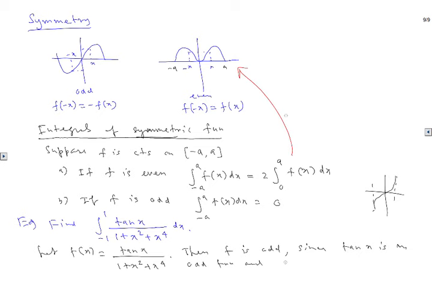And 1 plus x squared plus x to the fourth is even. So when you multiply or divide an odd function and an even function, because the even function does not change anything, the tan function is going to give you the property. So the result is odd.